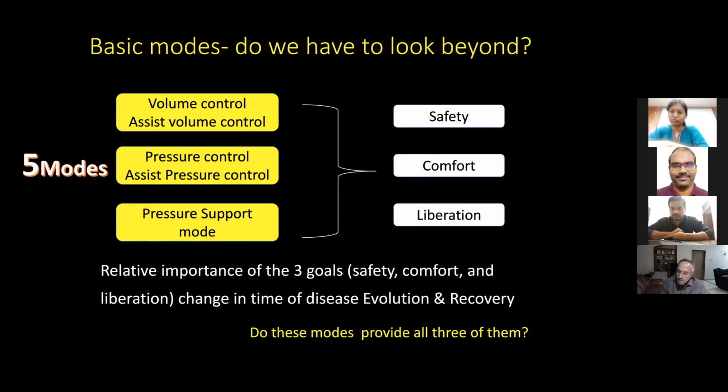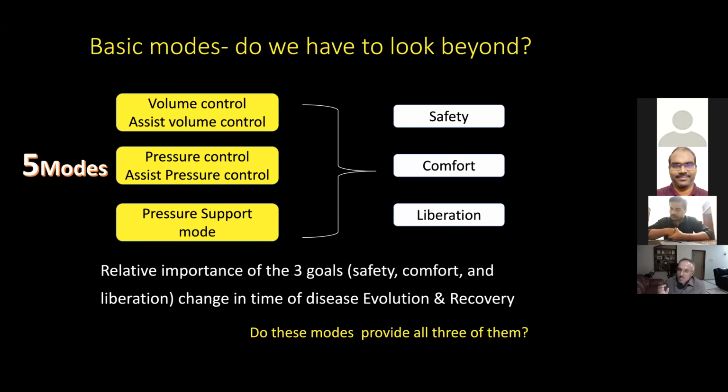See, when you are looking at safety, only 2 modes we generally use, whether a pressure controlled ventilation or a volume controlled ventilation, and in rare instances in ARDS we may use APRV. Otherwise, most of the mechanical ventilation is used for providing comfort and liberation.